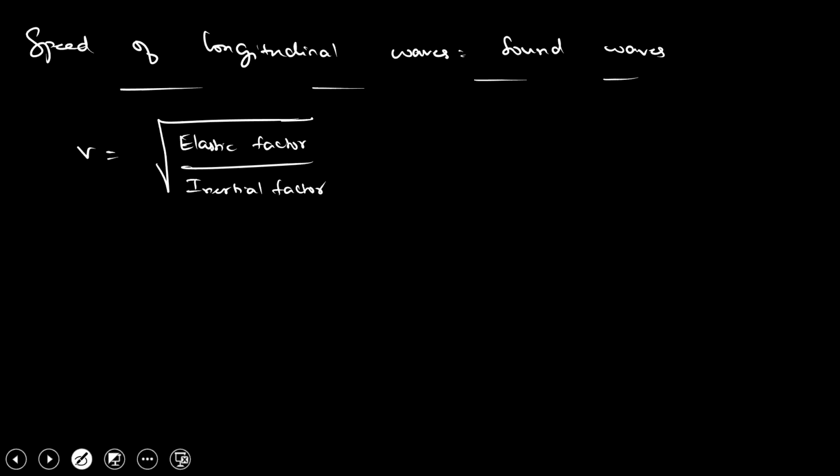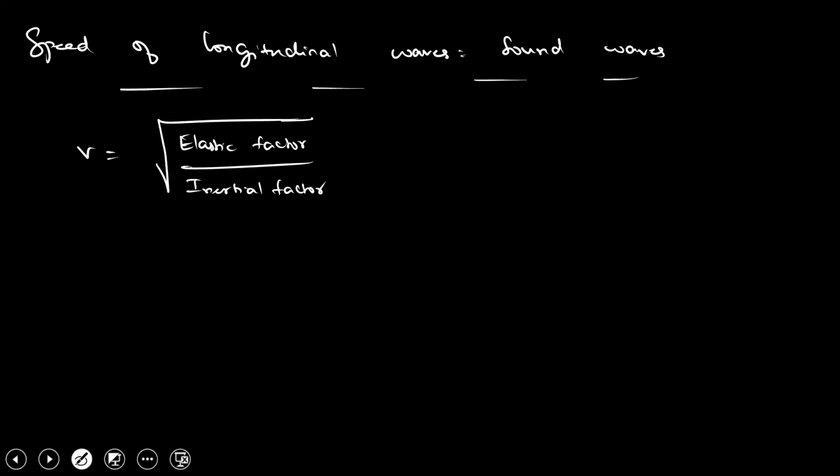It is the bulk modulus. In a similar way, what is the inertial factor due to which the gas is able to exist in that medium? It's because of density. So the inertial factor of a gaseous medium is density and the elastic factor is bulk modulus.